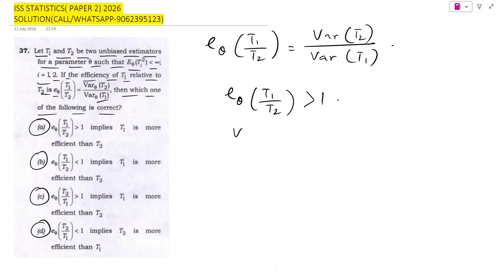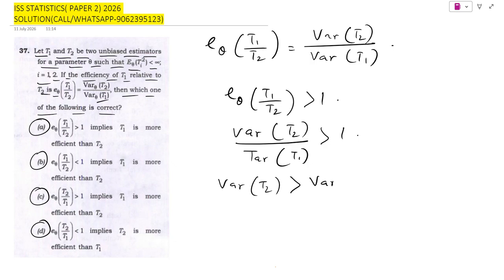That means variance of T2 by variance of T1 is greater than 1, so variance of T2 is greater than variance of T1. Since smaller variance means a better estimator, we conclude T1 has the smaller variance, and hence T1 is more efficient than T2.